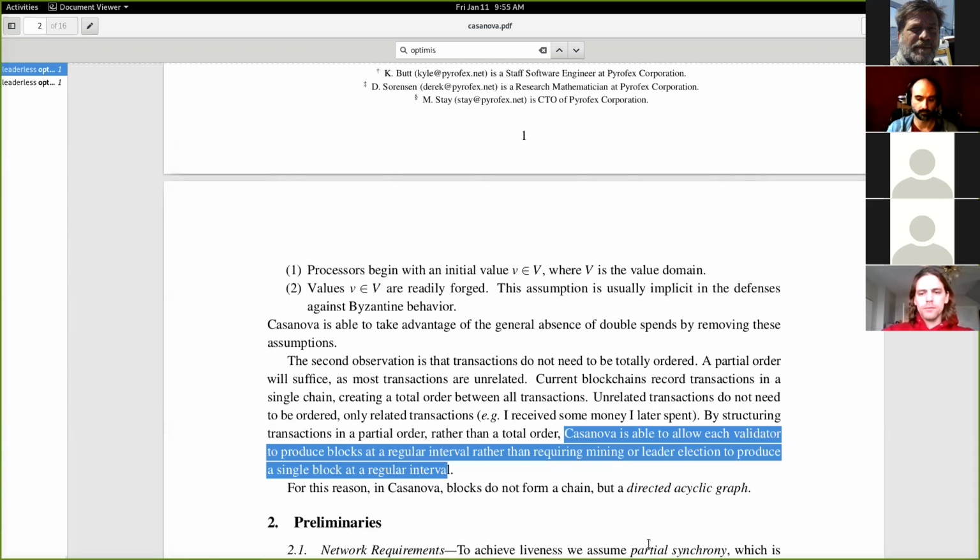And everyone can see that. So Casper, in a way, is more similar to proof of work. But the traditional BFT algorithms usually have leader selection. So they achieve finalized blocks really, really quickly because you reach consensus on who's proposing.